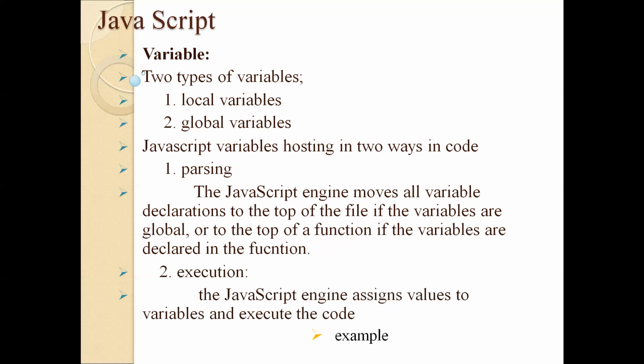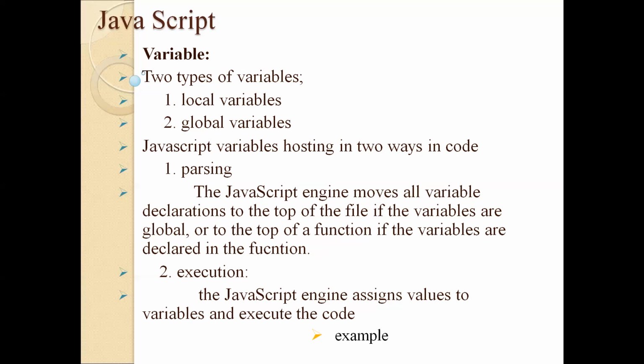So now I think many of us will have one question: how to declare a global variable and how to declare a local variable. So the definition in JavaScript is same as the definition in C programming language. In C programming language, if we want to define a global variable, we define it before the main function.